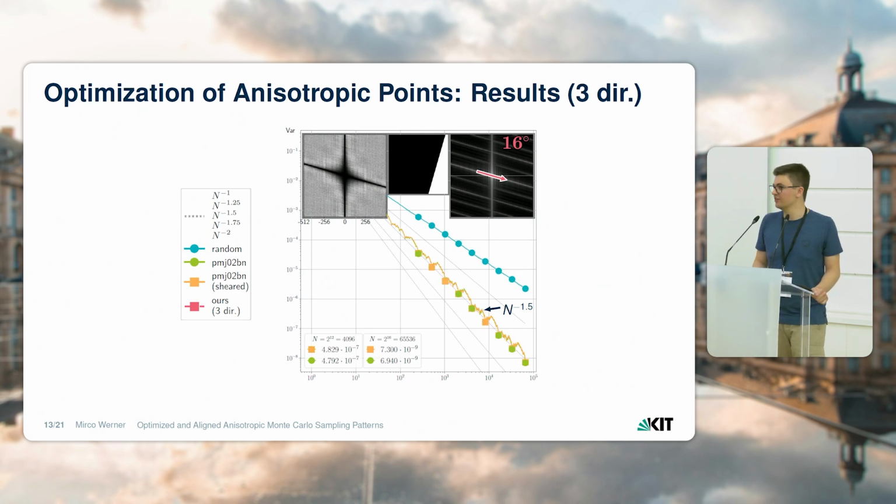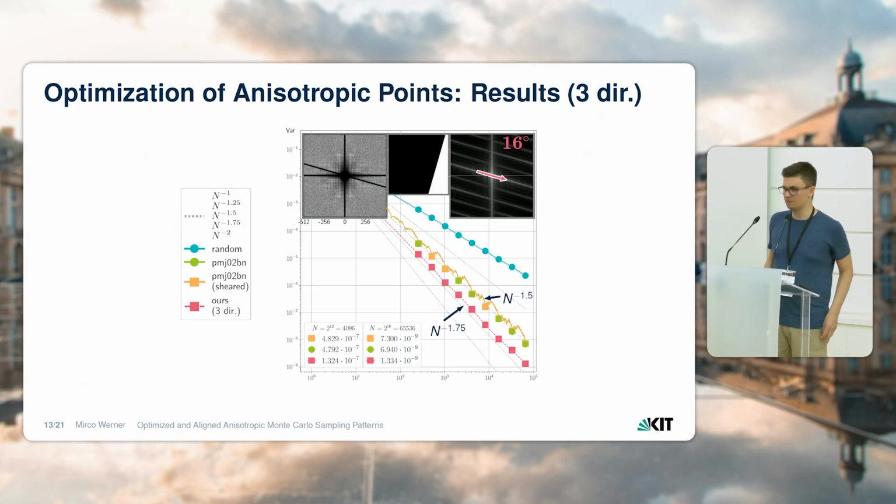We can, of course, apply this shearing idea of prior work. And we see here that it doesn't matter for the convergence rate, because in this case now we do not match with the horizontal anymore. Now, however, when we use our optimized point sets, which can cover all three directions, we can see here that we can significantly improve the convergence rate of our estimator.